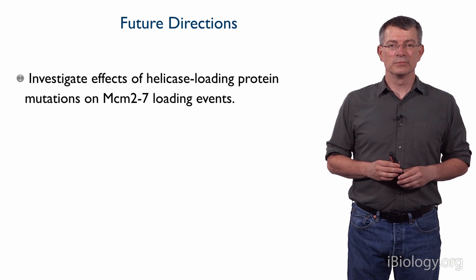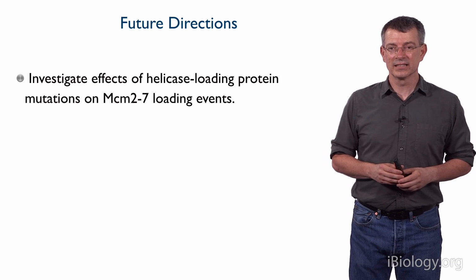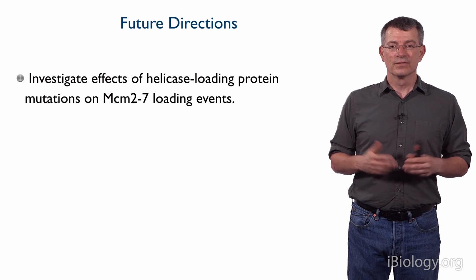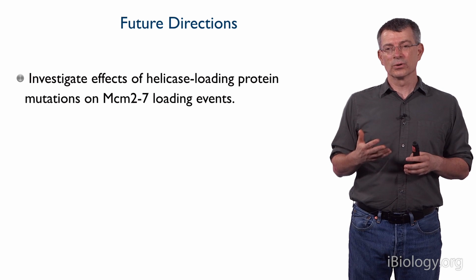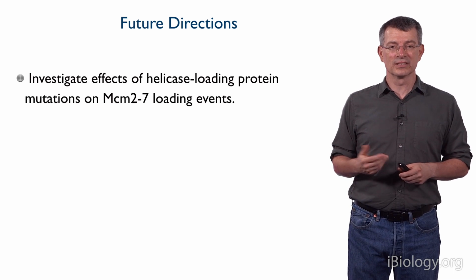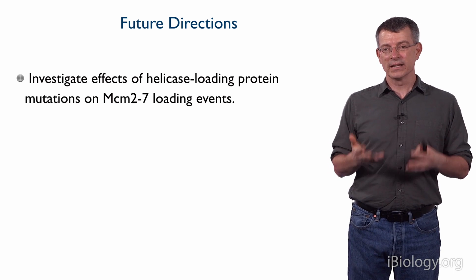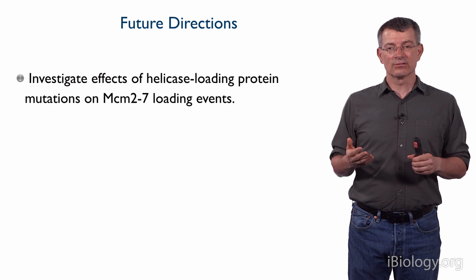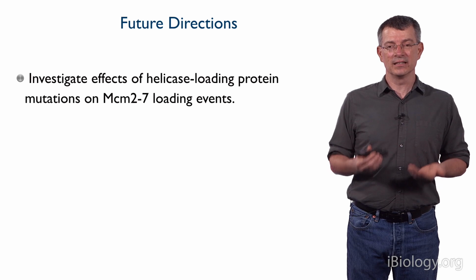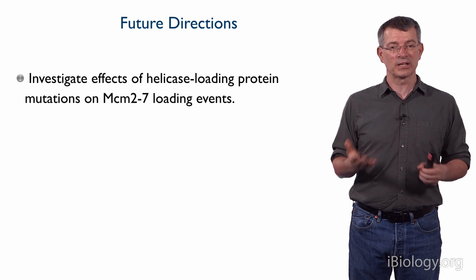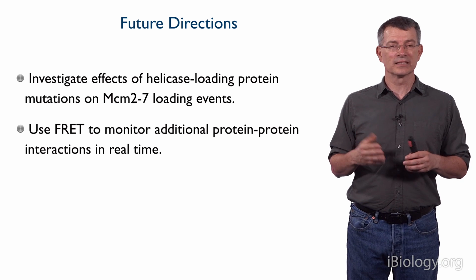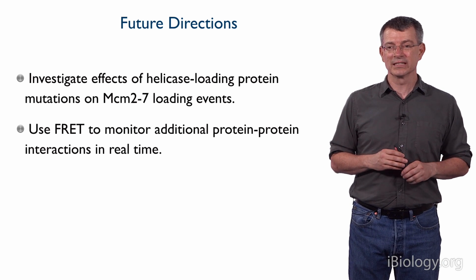Clearly, there's much more that can be done using single molecule studies to understand the events of replication initiation. For example, we can start incorporating mutant proteins into this process to understand when key events such as ATP hydrolysis or key interactions occur and how they influence this process, especially kinetically. In addition, we're very excited to use FRET to monitor additional protein-protein interactions.